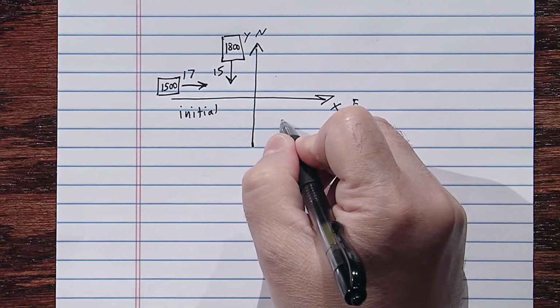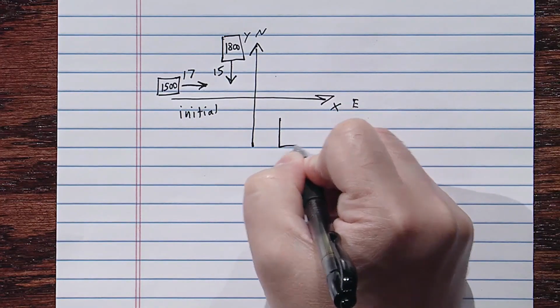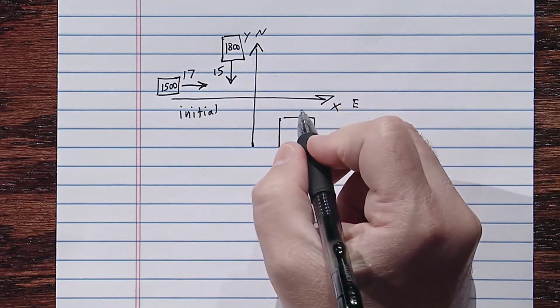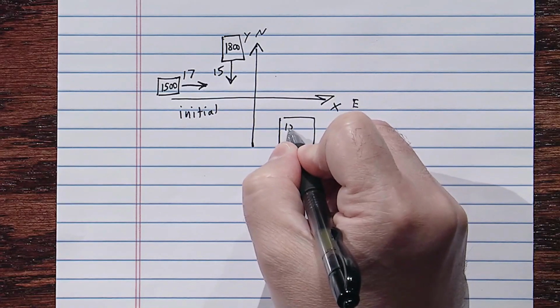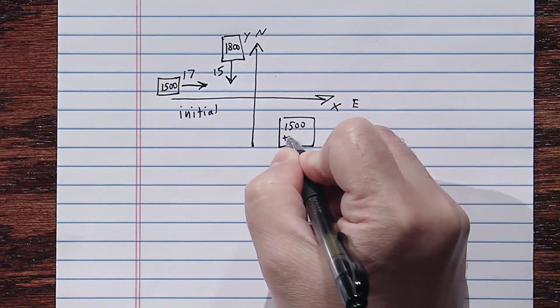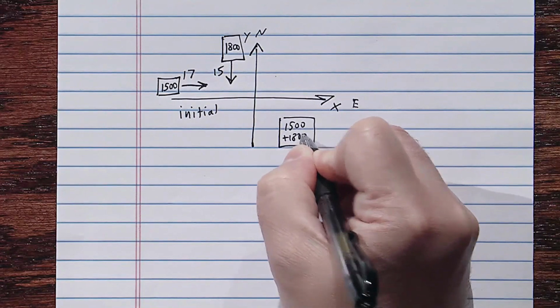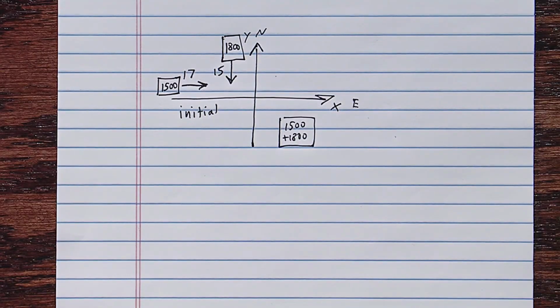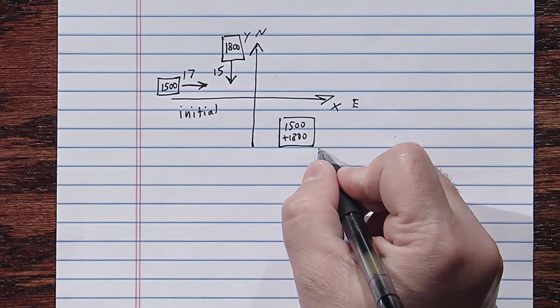So they become one big object, which has a mass of 1,500 plus 1,800 kilograms. And if the objects were initially moving south and east, then this mass we will assume will be moving southeast, so something like this.